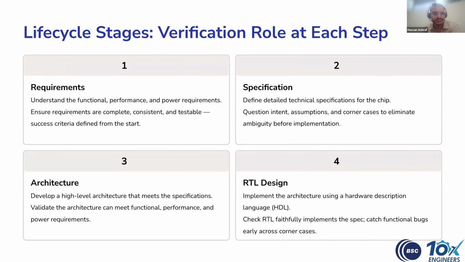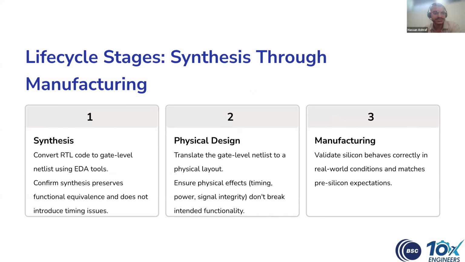And moving forward, further in the life cycle stages, we get to the PD stage where we go through synthesis through manufacturing. So in synthesis, we convert the RTL code to gate level netlist using EDA tools, and we confirm synthesis preserves functional equivalence and does not introduce timing issues. And in the physical design stage, we translate the gate level netlist to a physical layout and ensure that the PPA requirements, the performance, power and area requirements, are met.